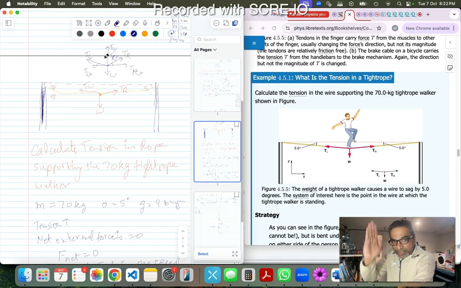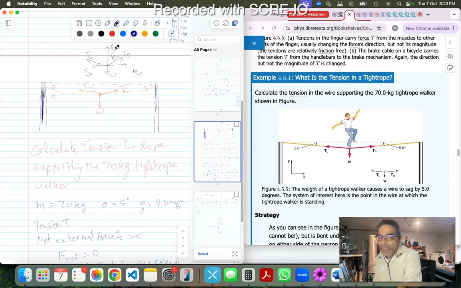So that's the upward. Both are ups. The Y component is on the upside for both, and the X components are opposite. The X component is horizontal only.